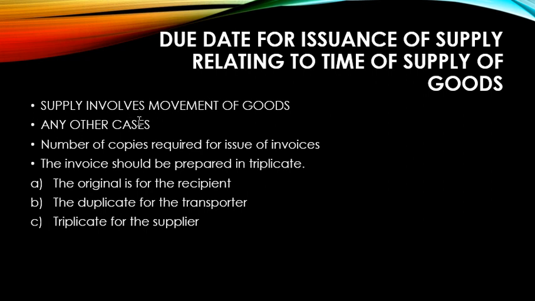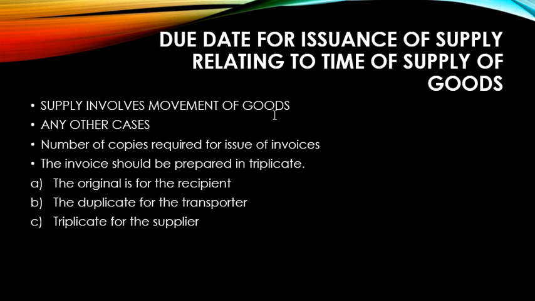So supply involves movement of goods. For any supply which is made, an invoice is supposed to be issued before the supply is removed out of the warehouse. Such invoices should be given to the recipient or the buyer. If such invoices are not given, the due date for such invoices should be within 30 days.